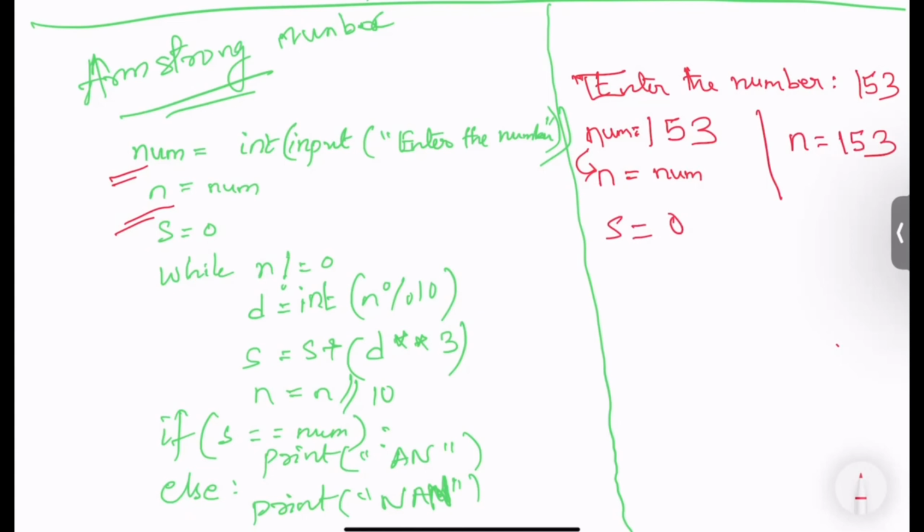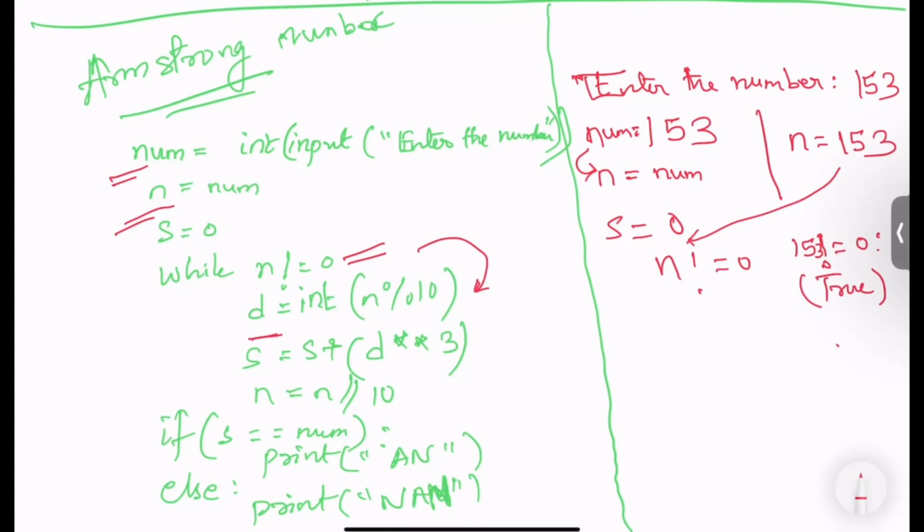Now I'm starting the loop at this point. I check while n is not equal to 0. 153 is not equal to 0, of course, so this gives true and it enters the loop. First line: d equals n modulus 10.